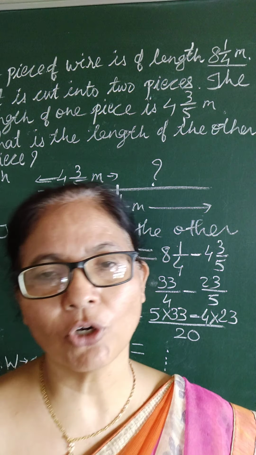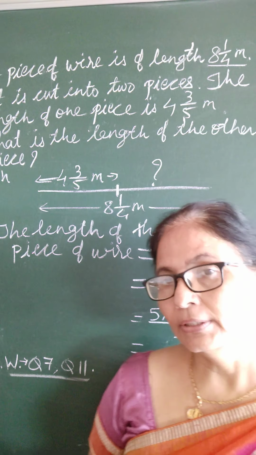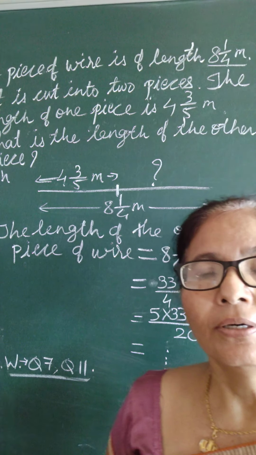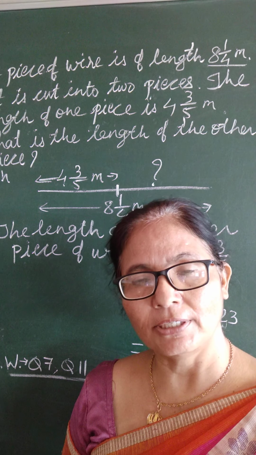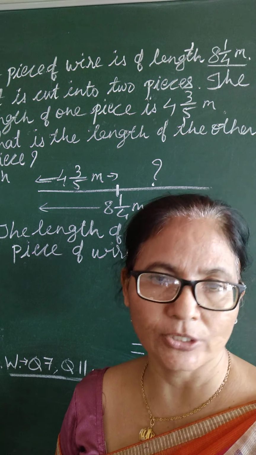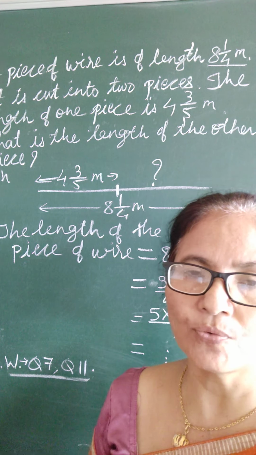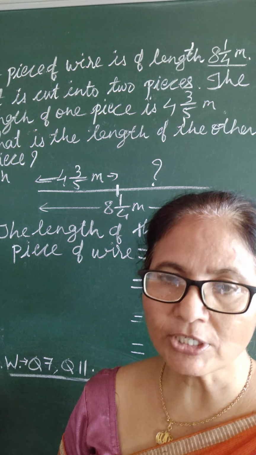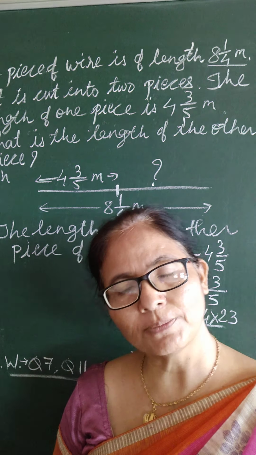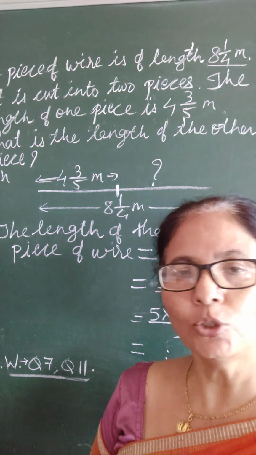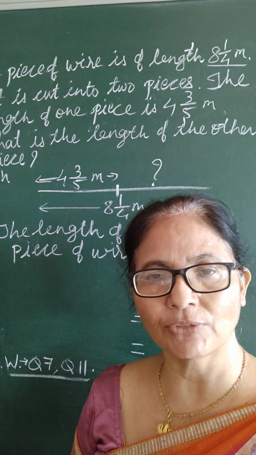So what is the formula for the perimeter of a triangle? Yes, you know. The perimeter of a triangle is the sum of the 3 sides of a triangle. So you will write that perimeter of a triangle is equal to the length of first side plus the length of second side plus the length of third side, and you will add all the 3 fractions given, and you will simplify.